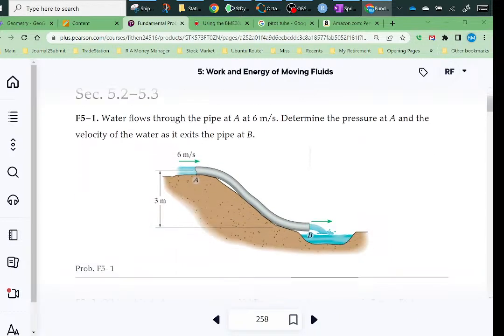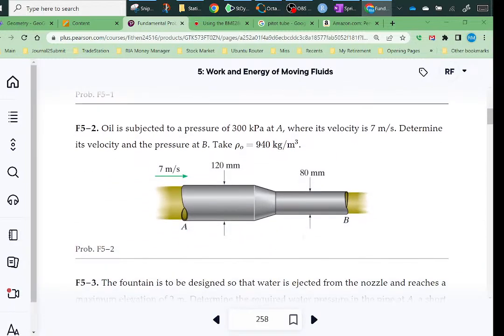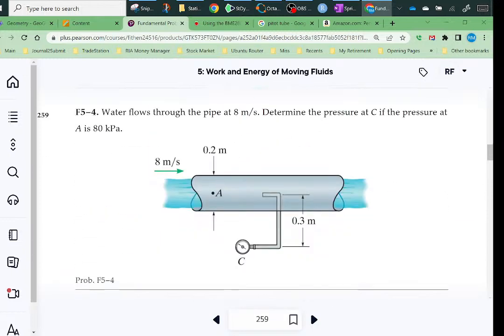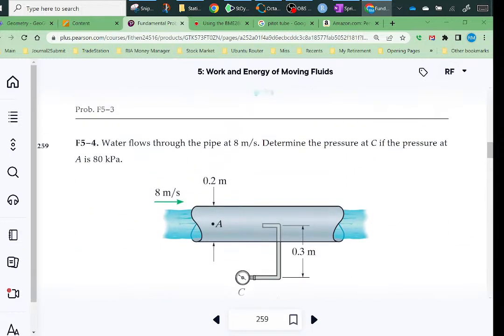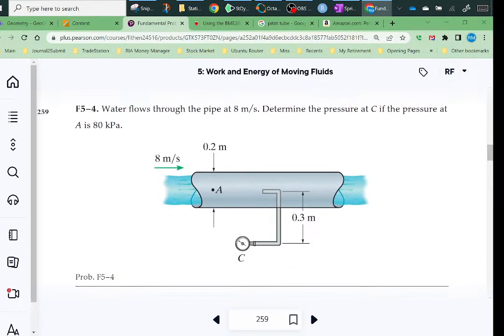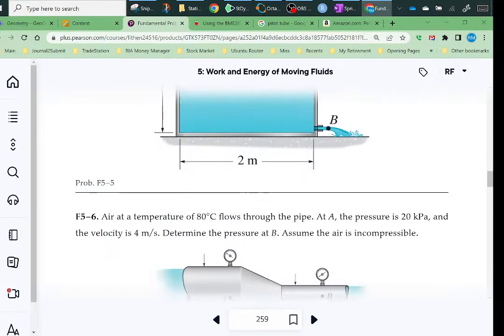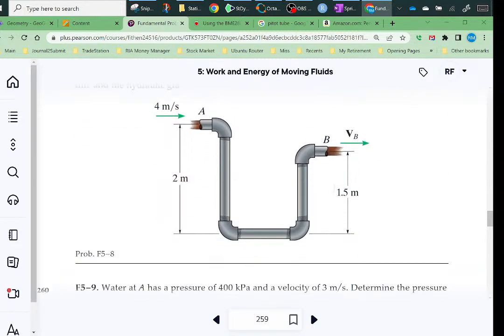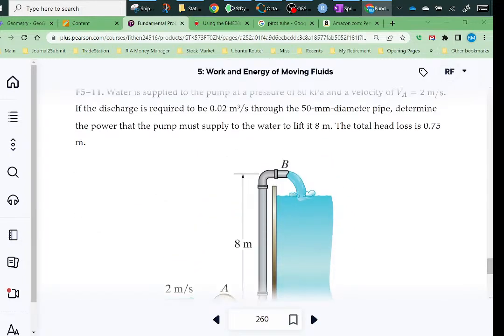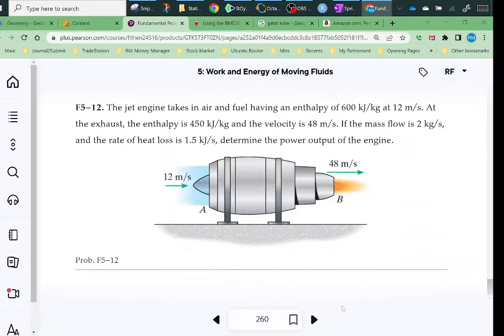So we'll just go through and do a bunch of these problems next time. I'll do them fairly rapidly. So he tells you the pressure at A and wants to know the pressure there. That's pretty straightforward. We'll just do a pile of them, rapid fire, and then go into the problems themselves.